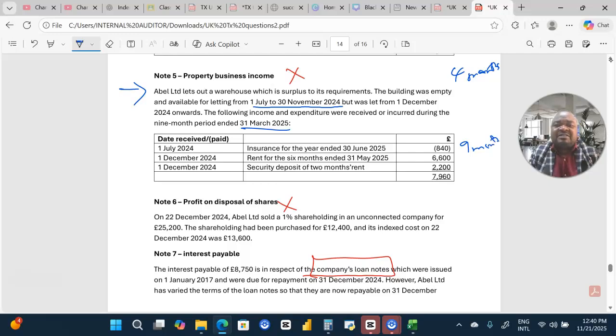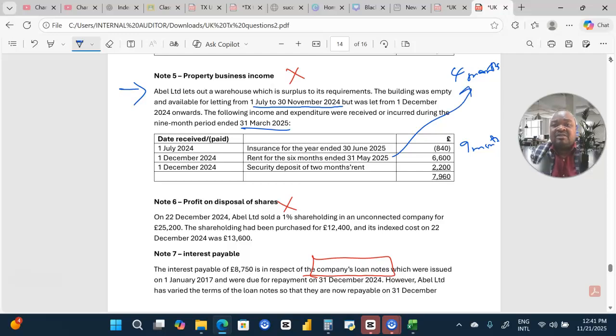Rent for the 6 months ended 31 May 2025. What does this mean? If it is for 6 months to 31 May, it means that only 4 months are relevant.